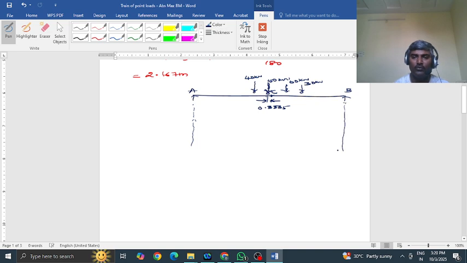Once you fix the positions of the loads, now it is to plot the ILD. You plot the ILD under the chosen load, because the maximum bending moment always occurs under a point load. So choose the load, as you have already chosen, the 50 kilonewton load, the closest one.